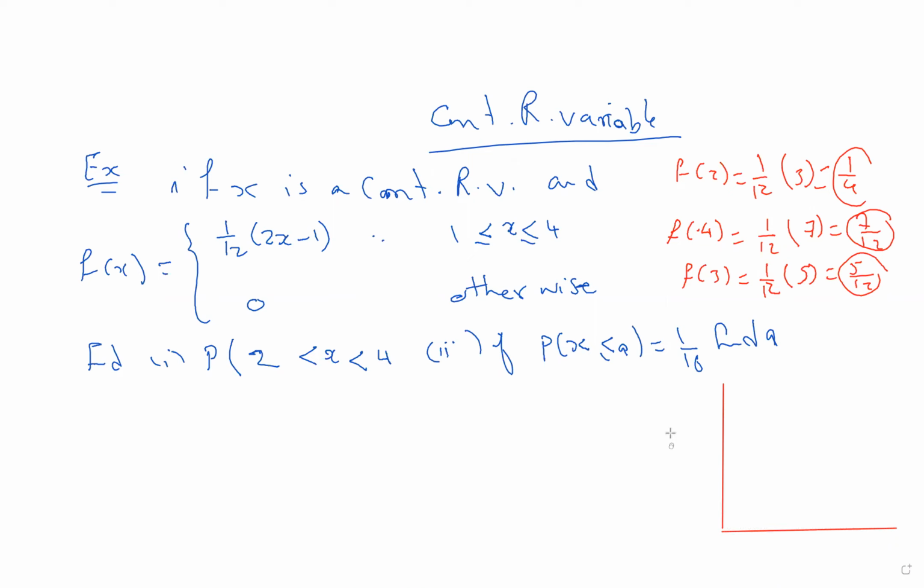We have 2, 4, and 1. Let me find f of 1, which is 1 over 12 times 2, minus 1, equals 1 over 12. So f of 1 will be 1 over 12. F of 2 will be 3 over 12, which is 1/4.